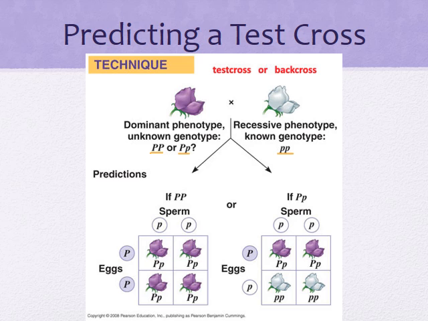If we get the results of all purple, all showing the dominant trait, then that without a doubt recognizes that we had a purebred dominant. Meanwhile, if we do the cross and we result in a 50-50 ratio of dominant and recessive, that shows that you had a hybrid.